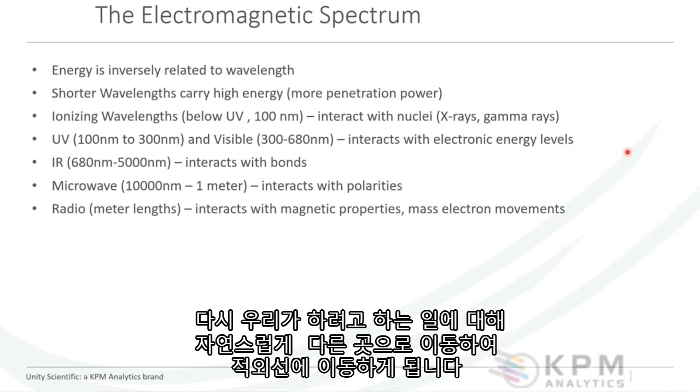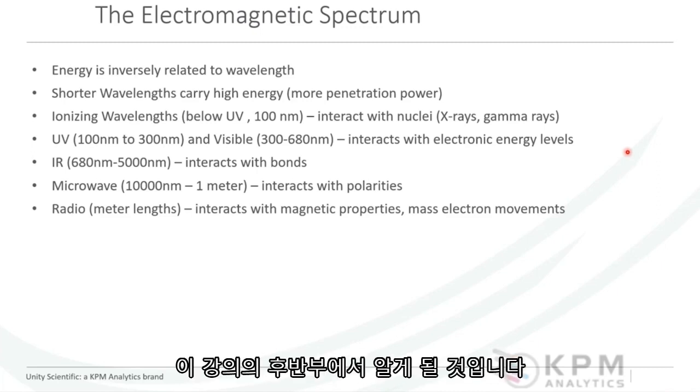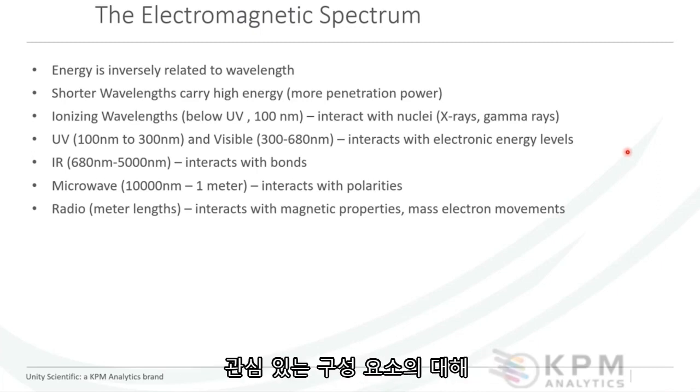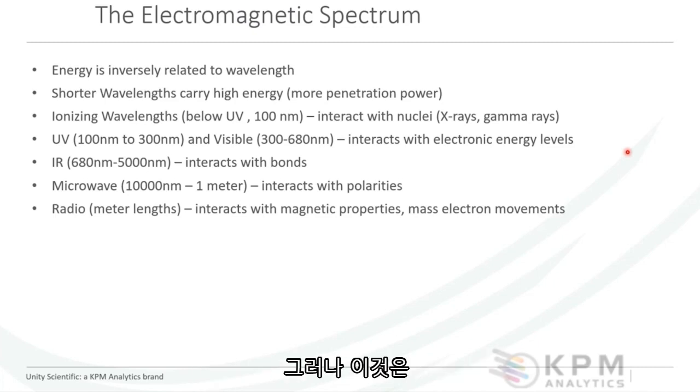If we jump to the other side and start going into near infrared and then IR, we start interacting with chemical bonds. We'll find out later in this lecture that that's a portion of the electromagnetic spectrum giving us information that relates to our constituents of interest. This is really where it starts getting interesting and providing useful information for us.